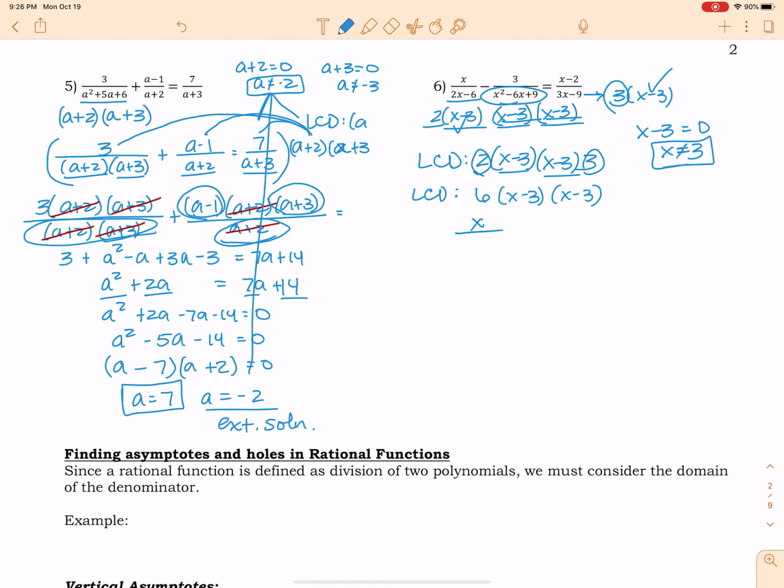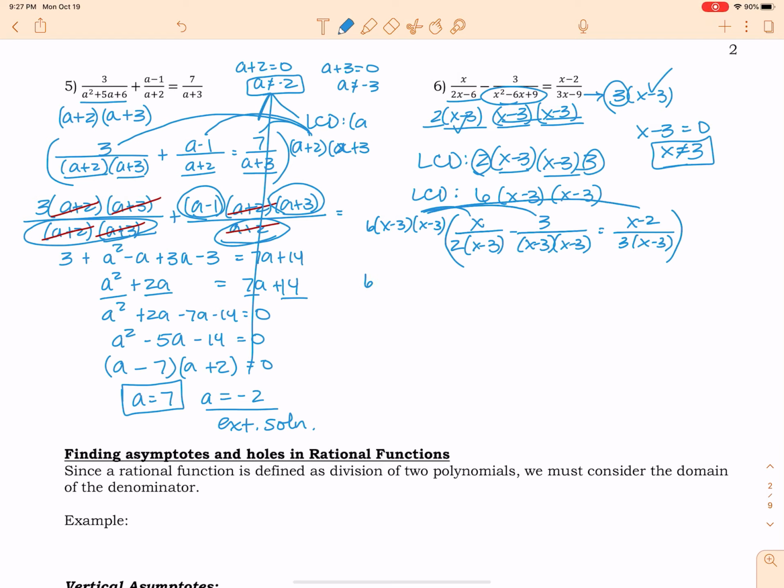So I've got x over 2 times x minus 3 minus 3 over x minus 3 times x minus 3 equals x minus 2 over 3 times x minus 3. So I'm going to multiply this whole thing by 6 times x minus 3 times x minus 3. And it has to be distributed to every term.